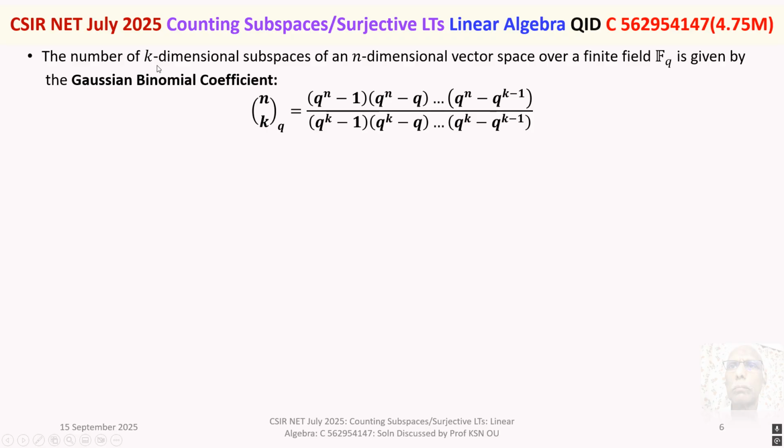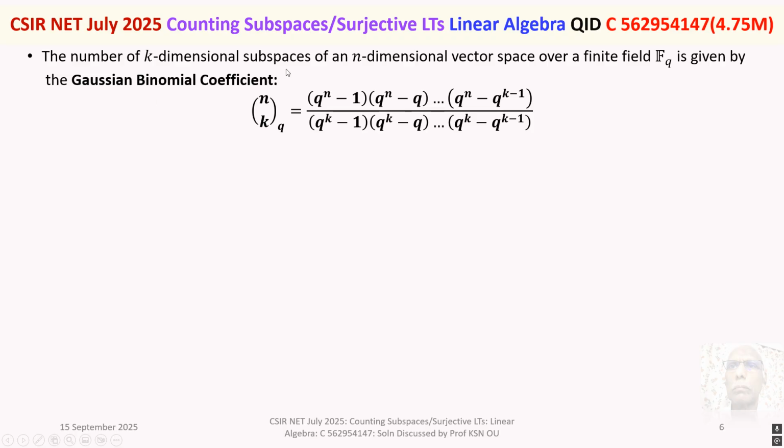divided by (q^k minus 1) multiplied by (q^k minus q) multiplied by etc., (q^k minus q^(k minus 1)). We are counting the number of k-dimensional ones, so you have to go up to k minus 1 in the denominator. You have to remember this formula. And if you have not studied this formula, please remember this one.